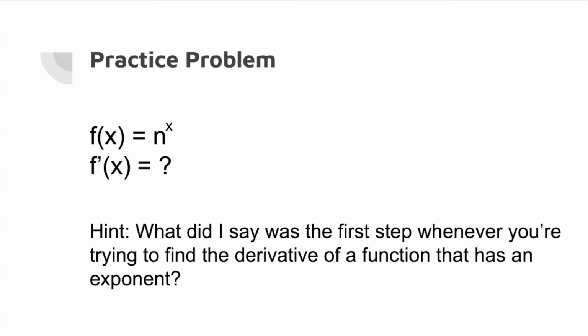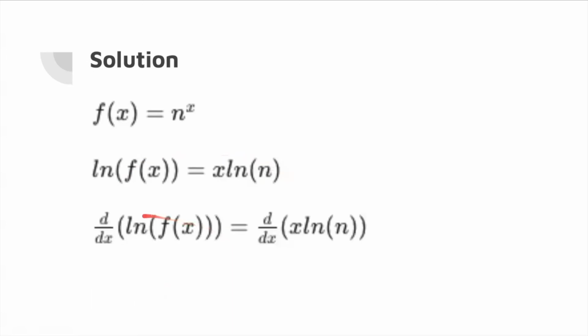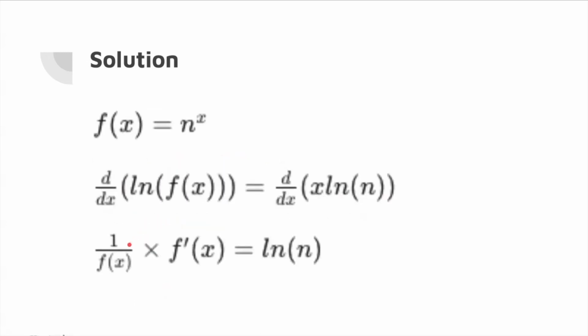Okay, so the answer is, the first step is to take the natural log on both sides because this is an exponential function, and then you can move the exponent to the front. All right, differentiate both sides of the equation. So we've already seen how we differentiate the left side. And then the right side is just x times a constant.